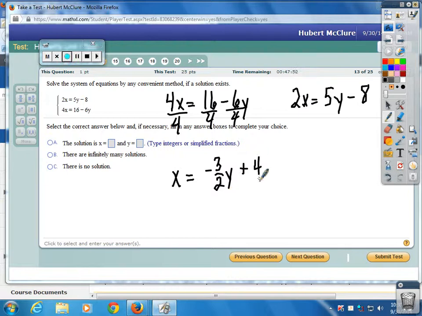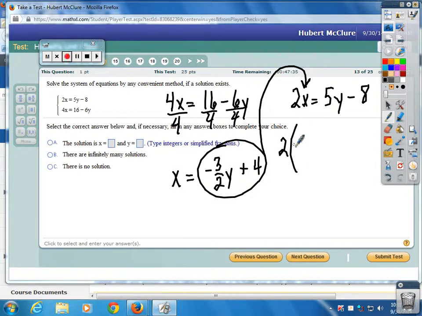Plus 4. And I'm going to take that and plug it in for x. Two times negative 3 halves y plus 4 equals 5y minus 8.